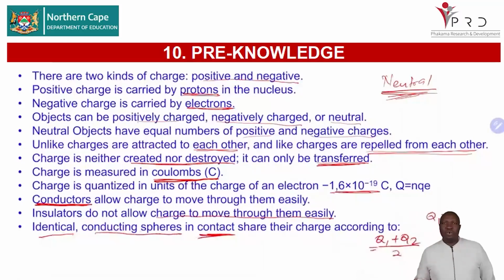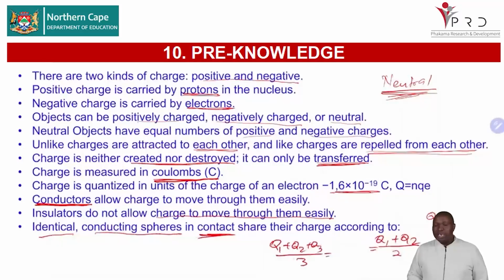You can't say we weren't taught about the third charge. If you bring the third charge, you will have (Q1 plus Q2 plus Q3) divided by 3. Still, you will get a new charge. And the new charge that Q1, Q2, Q3 will all have will have the same sign. They will either all be positive, or all be negative. So it's important that you have that knowledge.